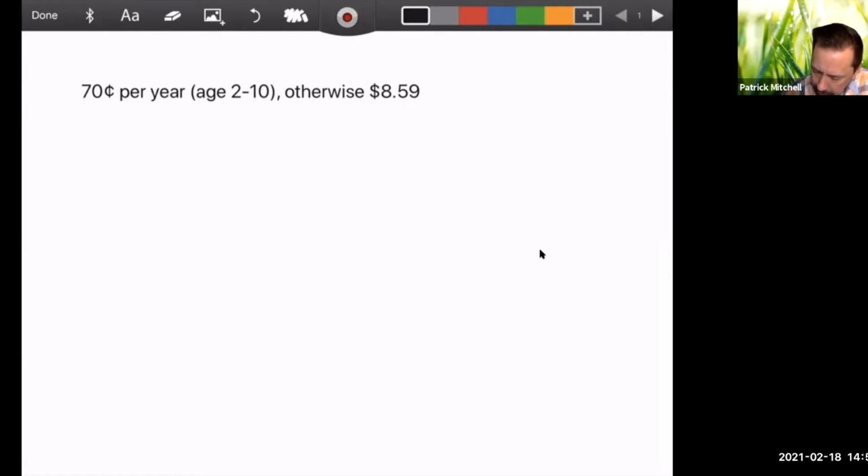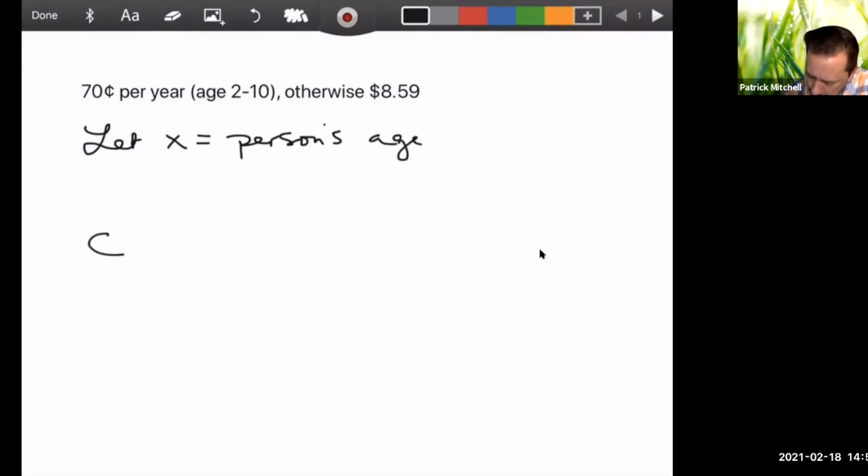We'll say let x equal the person's age. And then C of x, which is the cost of lunch, is going to be determined in one of two ways. If you are an adult, 11 or older, then lunch is $8.59.